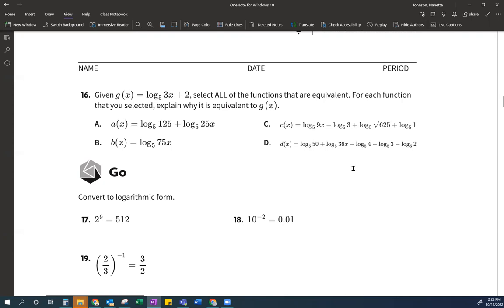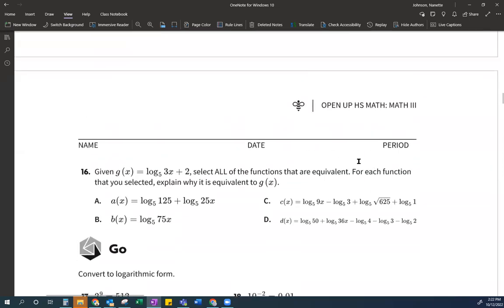And one of the properties basically said, and I'll write it right up here. So it's log base b of x times y, to be specific, is equal to log base b of x plus log base b of y.